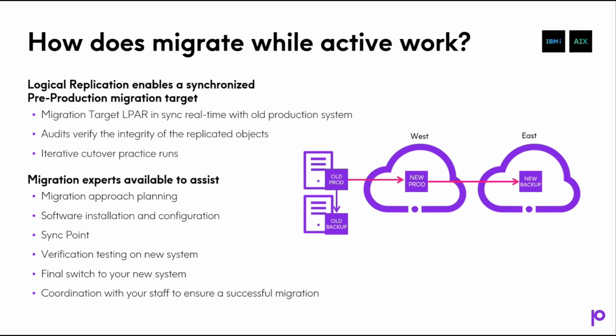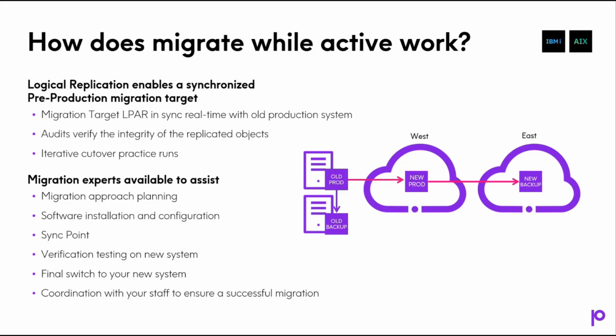And then you can do iterative cutover practice runs, and we encourage you to do that. Do it a few times until all the issues are worked out. Make sure you bring in your UAT personnel. We also have migration services here at Precisely that are available to help you with this. It's important to have a good migration approach, right?